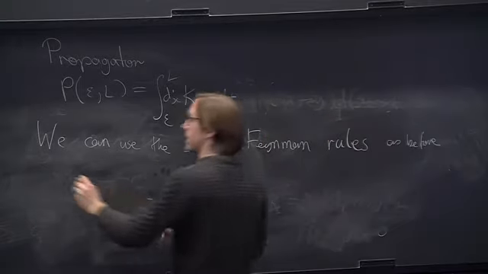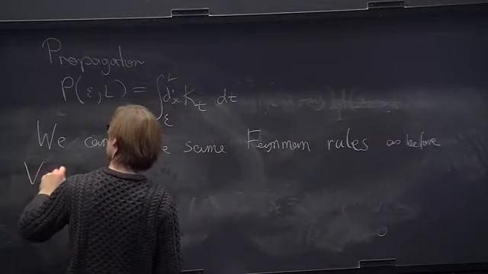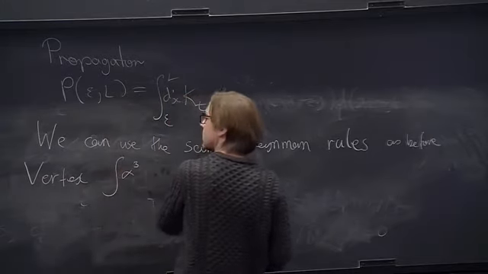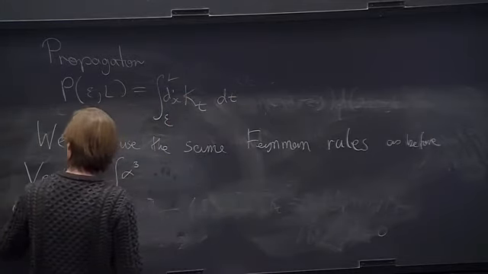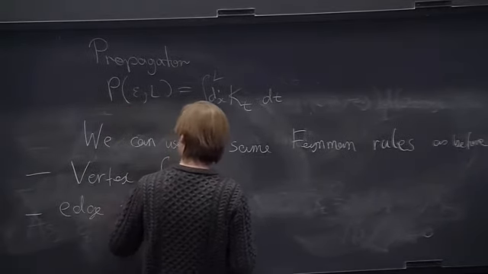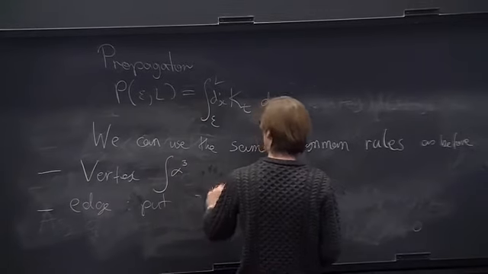So at a vertex, we put integral alpha cubed, and at an edge, we put this guy.